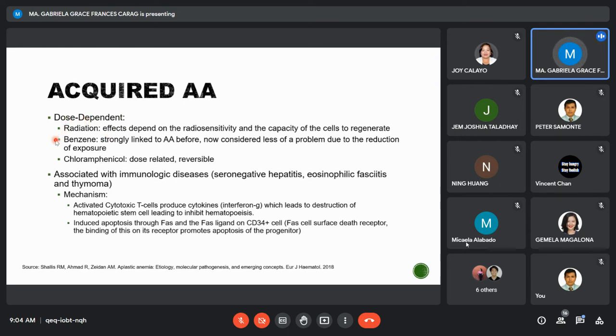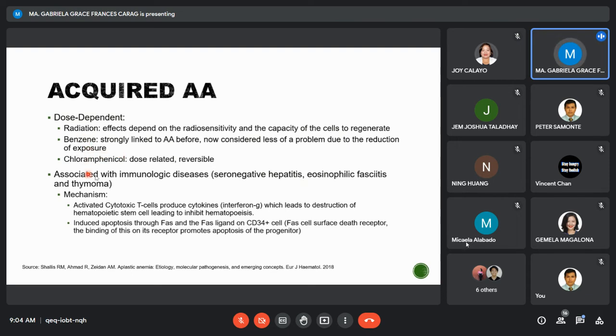So those factors po are dose dependent. So in radiation, it affects the cells regeneration po. Benzene was strongly linked to aplastic anemia before, but now it is considered less of a problem due to the reduction of exposure.